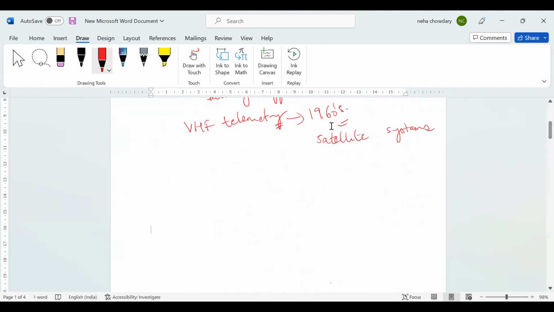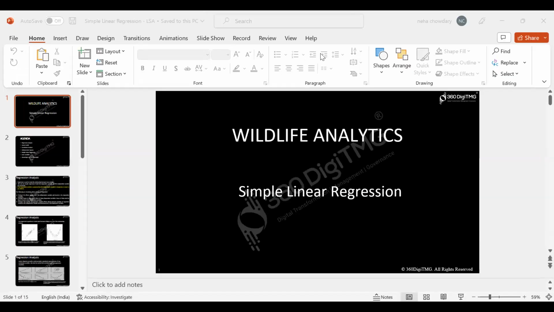So now we will start off with our next algorithm, that is simple linear regression.